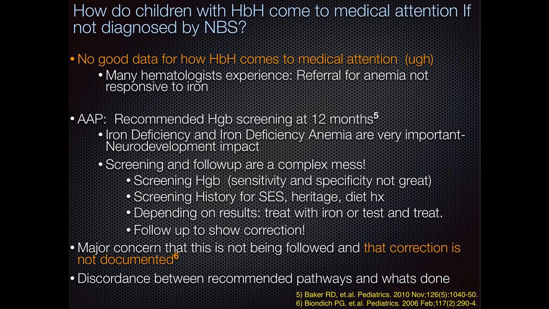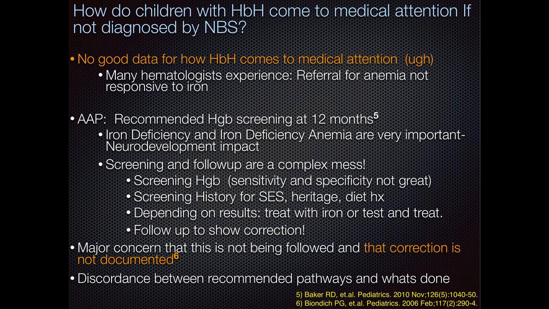So if you're diagnosed with hemoglobin H and you're not diagnosed with newborn screening, what happens? Well, there's not any good data for how these children present, because many of them haven't been diagnosed. But my own experience and many hematologists' experience is it's a referral for an anemia not responsive to iron.